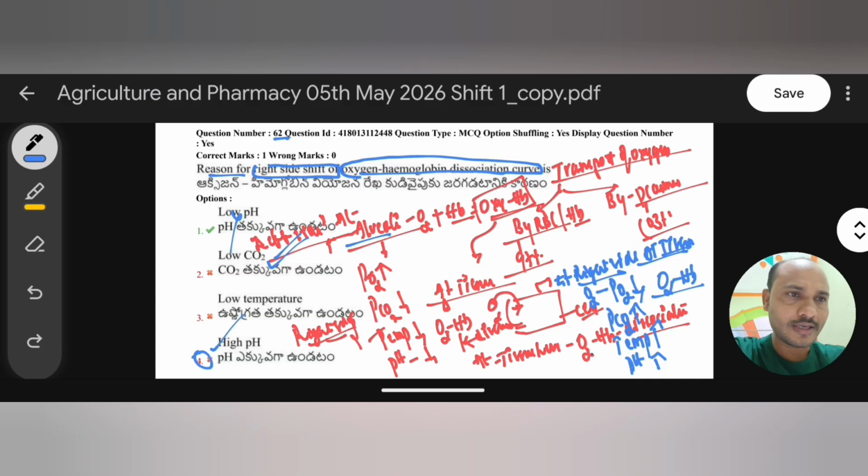Because only at high pH, high temperature and high partial pressure of carbon dioxide, at the right side, at tissue level, the oxygen hemoglobin dissociation curve will occur. Remember, very important. So the right answer is the fourth one, not the first one. The official key is giving the wrong answer.